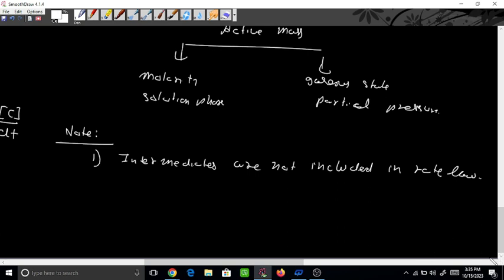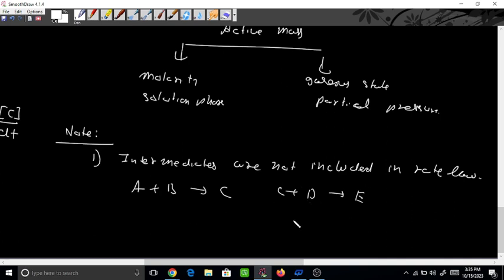See, if you have some multi-step reaction, and some species is formed and that same species is consumed in the middle, then that is called an intermediate. Like there are several step reactions: A plus B gives C, then again you have C plus D gives E. What you do is just add these two reactions.